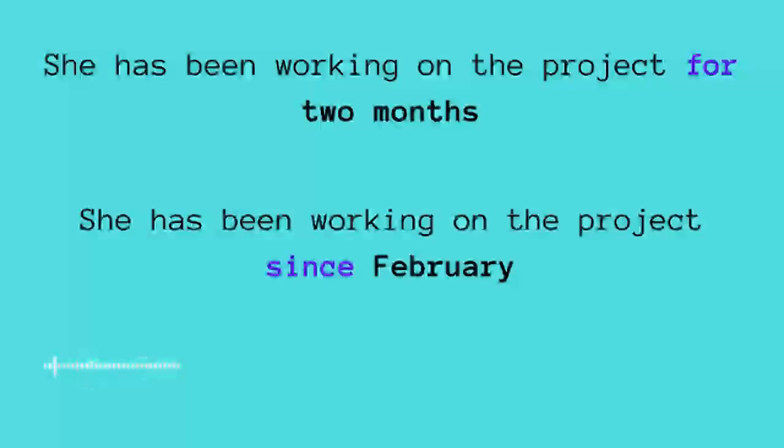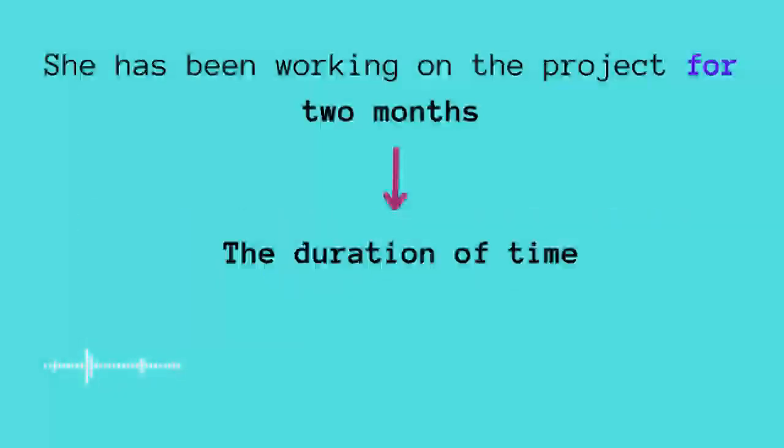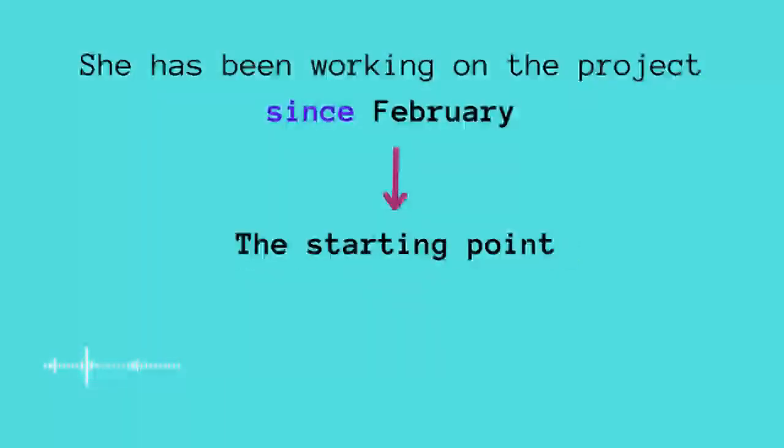And the second one, she has been working on the project since February. What does that mean? If you look at the first one, with the use of for, we are focusing on the duration of time, and that is why the meaning is very general. But the second one, the meaning is very specific because we are focusing on the starting point of her project, and that is why we are using since.